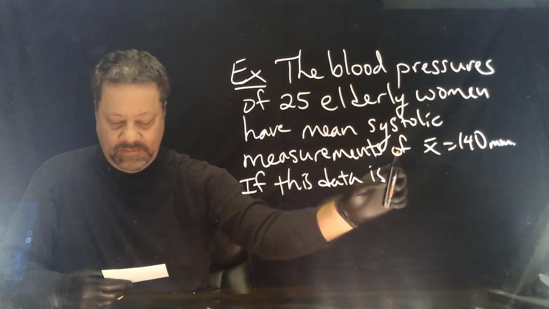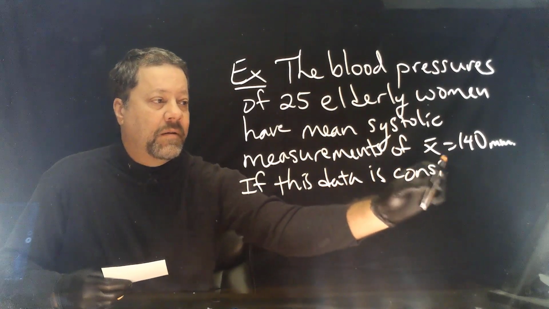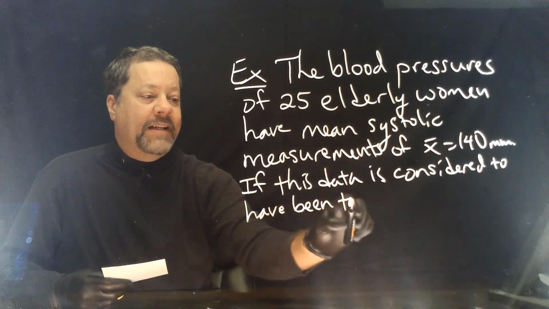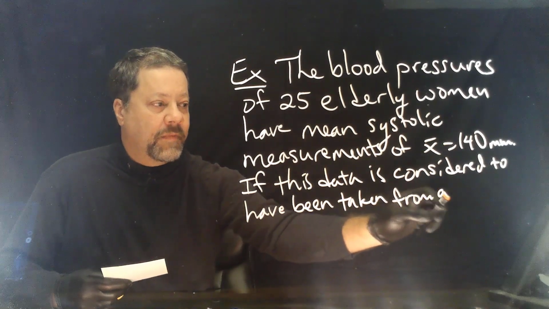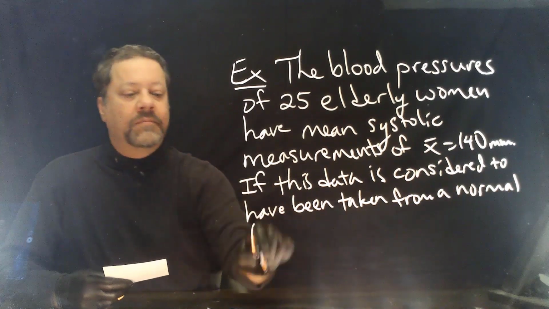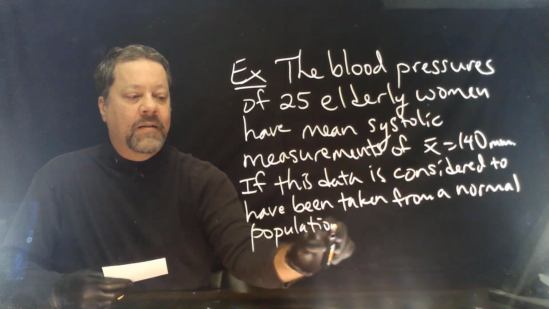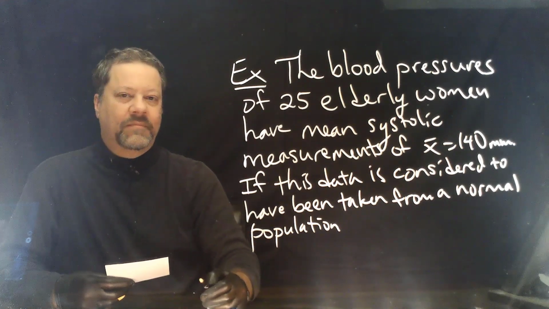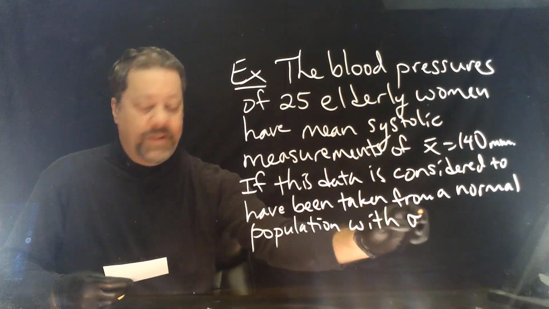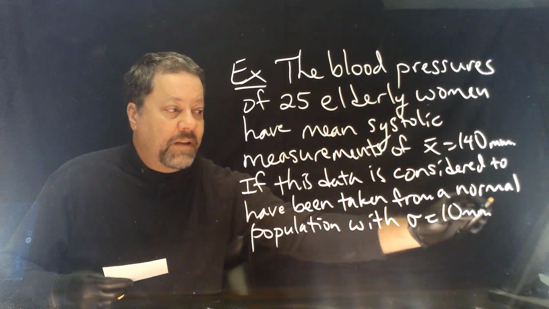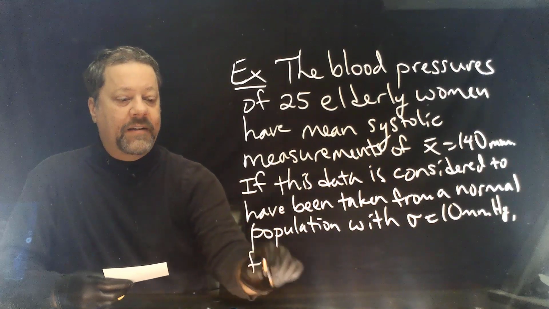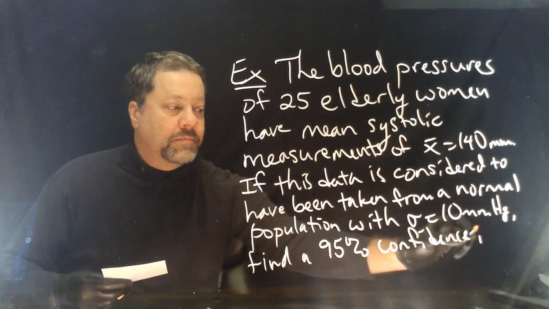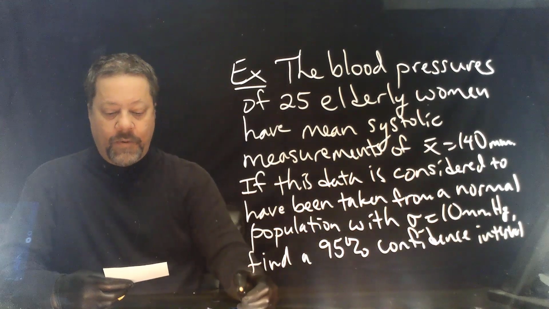If this data is considered to have been taken from a normal population, that means a population of systolic blood pressure measurements having a normal distribution, with a standard deviation of 10 millimeters of mercury, find a 95% confidence interval for the mean.